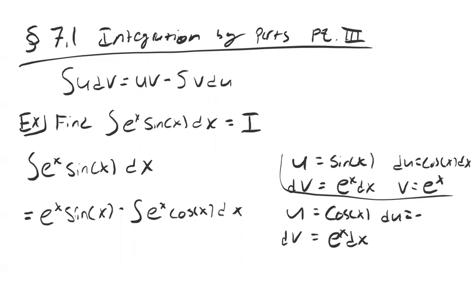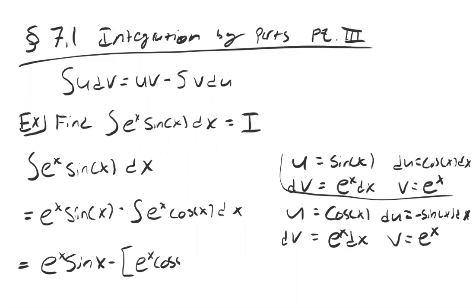du will then be negative sine of x dx, just taking the derivative and multiplying by dx. v will be e to the x, integrating dv. Now I get this is equal to e to the x sine of x minus, and then this integral is uv, so e to the x cosine of x, minus the integral of v du, e to the x with the minus sine in front, sine of x dx.